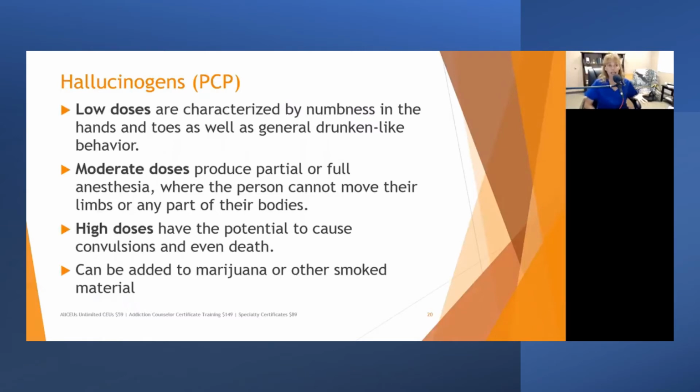I had a client one time who was on work phase, went out to work, smoked what she thought was spice, and she thought she'd get away with that, but the spice happened to also be laced with PCP. And when she came home, she was experiencing effects similar to a moderate dose of PCP, as well as being very intoxicated from the spice.